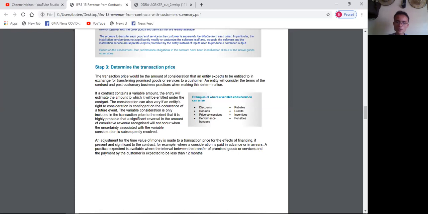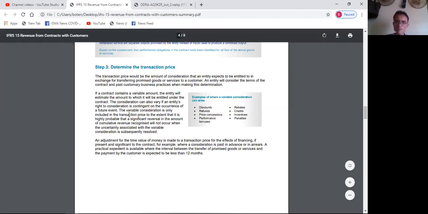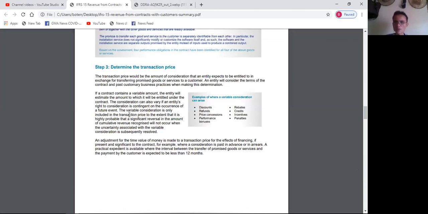So this becomes variable because of certain happenings, contingent, meaning dependent on the occurrence of a future event. So it depends upon the contract. That's going to make it variable, meaning whatever was the initial amount could change later on. Remember contract modification, that can also change the amount of revenue.